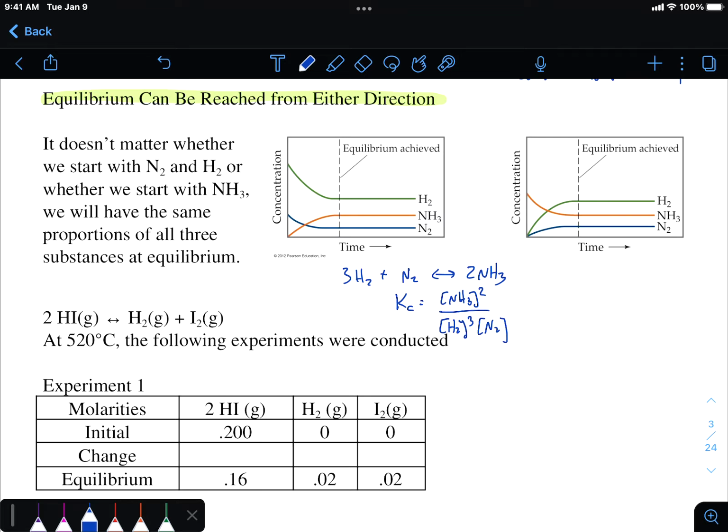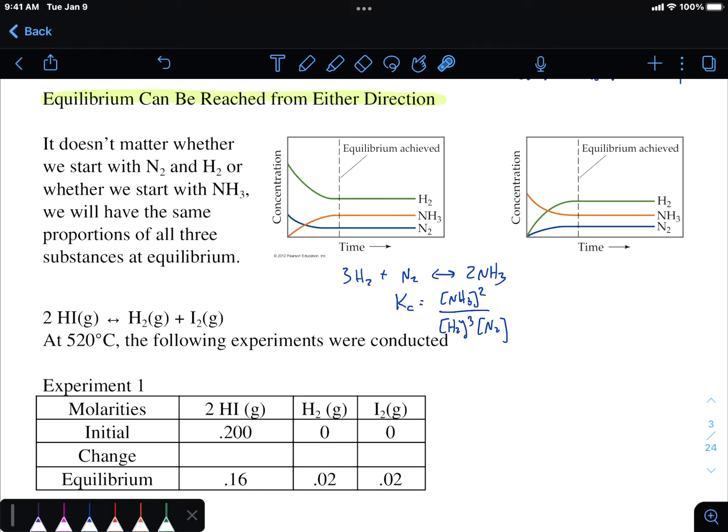In any reaction that is capable of equilibrium, it doesn't matter if you have reactants or if you have products. Equilibrium will be attained. In the first graph, notice how the concentrations of hydrogen and nitrogen have an initial value.